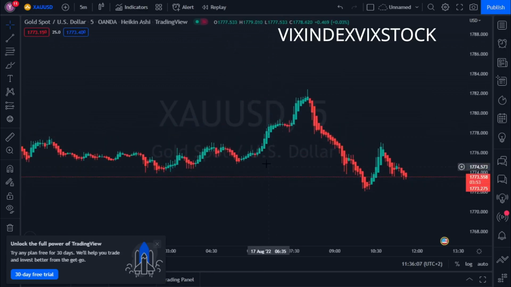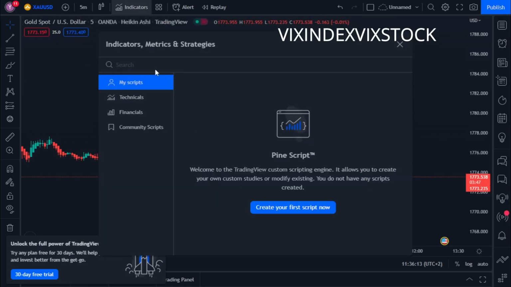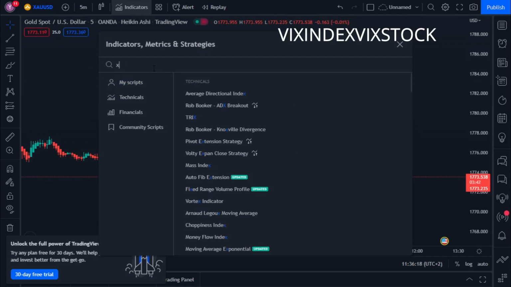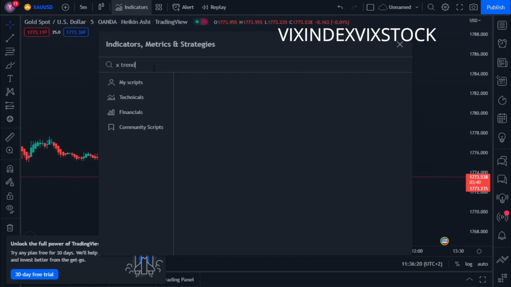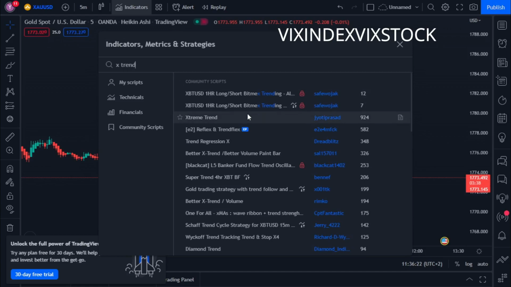Okay, then what we're going to do here for the indicators part is we're going to go to our indicator section, obviously, and we are going to search for X trend. This X trend, this is what we want. So it's extreme trend.